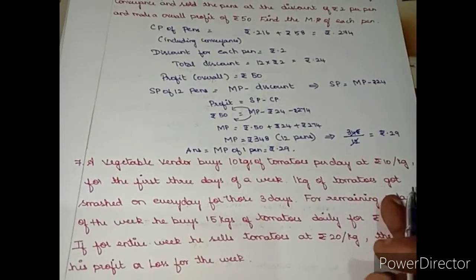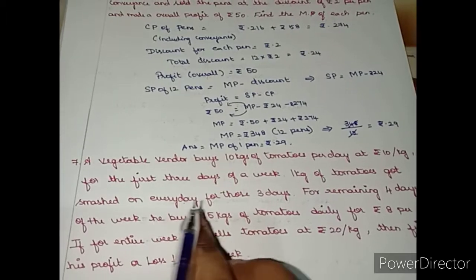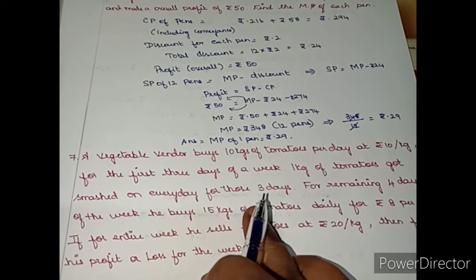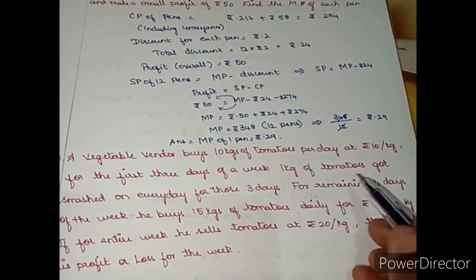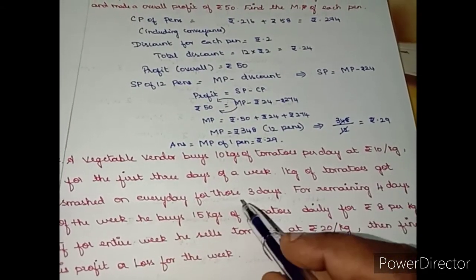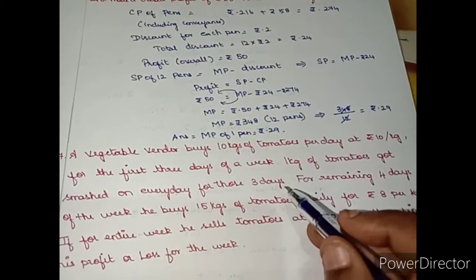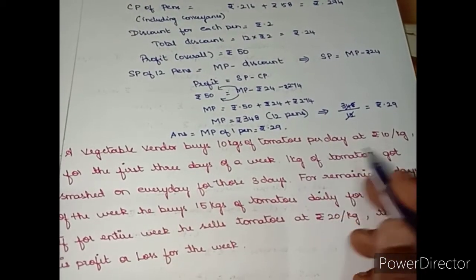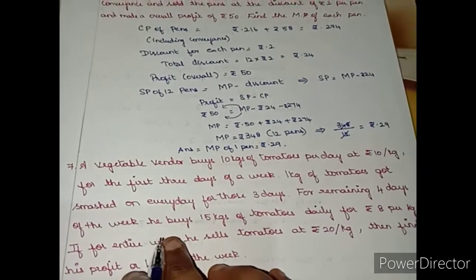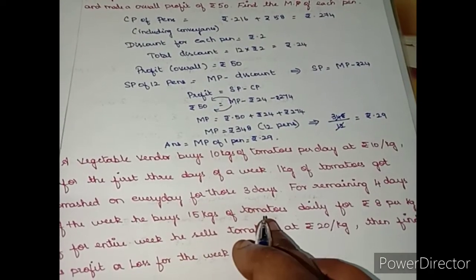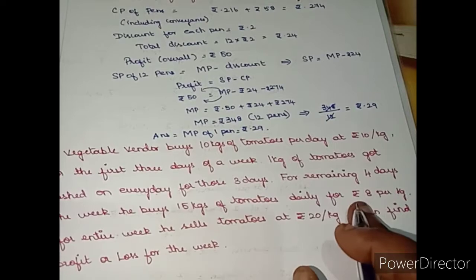1 kg of tomatoes got smashed on every day for those 3 days. So you will say no, it has got damaged, wasted. So 1 kg of tomatoes got wasted, that is smashed for every day on these 3 days. For remaining 4 days of the week, he buys 15 kgs of tomatoes daily for rupees 8.